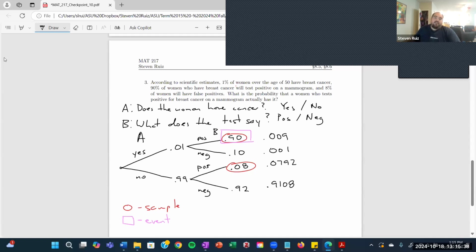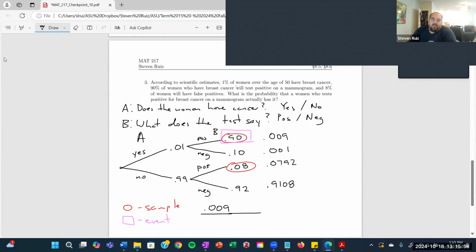So all those probabilities add up to 1, but I don't want to know all those probabilities. The only ones I want to know are the probability of the event over the probability of the sample. So the event has a probability of 0.009.